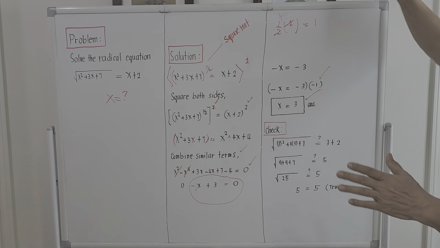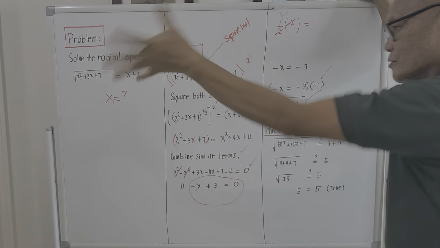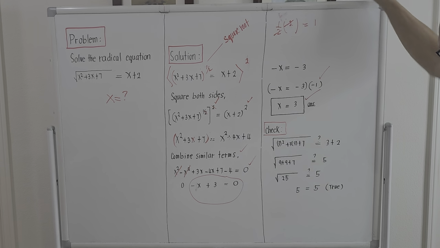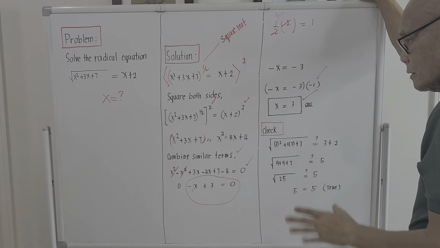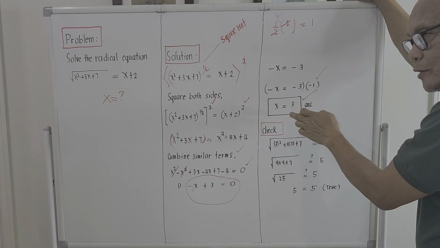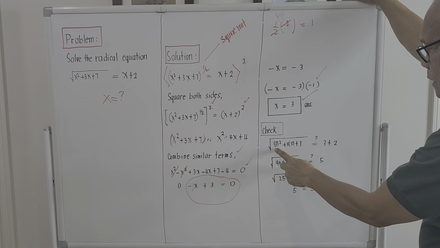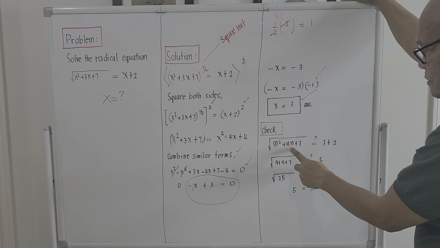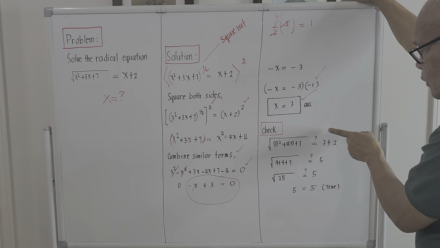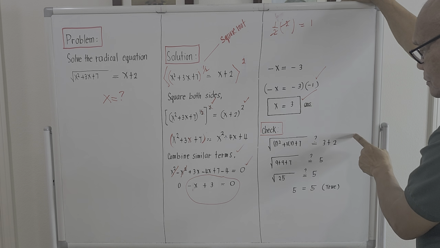Okay? The solution of the radical equation is actually x equal to 3. Let's try to check the validity of the answer. We will go back to the original radical equation. We try to place the value of x equal to 3. So this will be the square root of x, which is 3, squared, plus 3 times x, which is 3, plus 7, and will it be equal to the value of x, which is 3, plus 2.